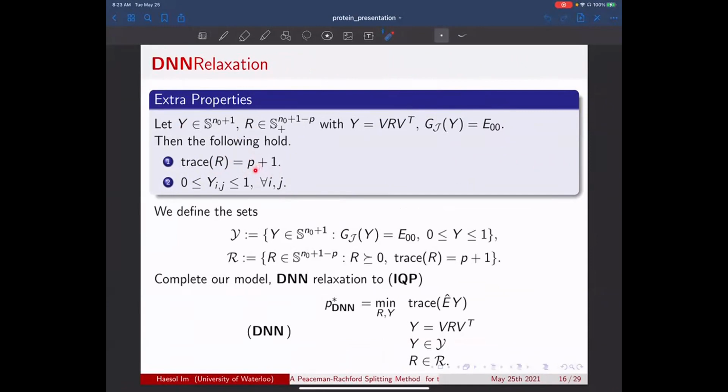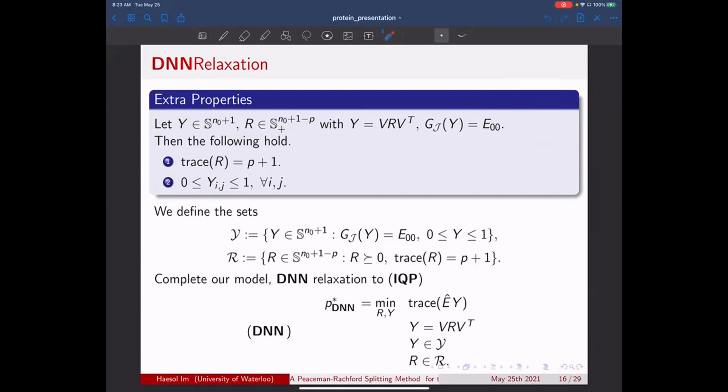P here means the number of rotamer sets. And for the Y variable, we can show that each coordinate of Y is always between 0 and 1. This is because our original variable was binary, so it was 0 or 1. And when we lifted the variable to the matrix, it should still be sitting between 0 and 1.